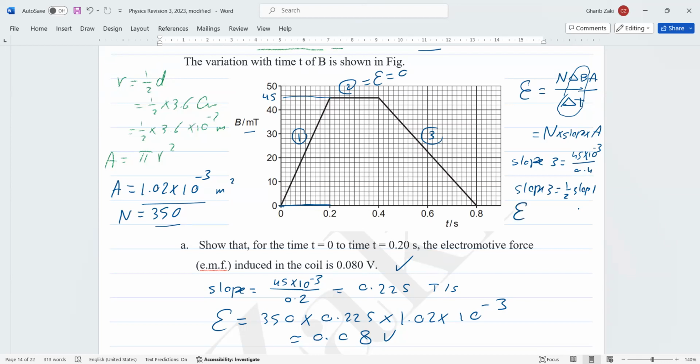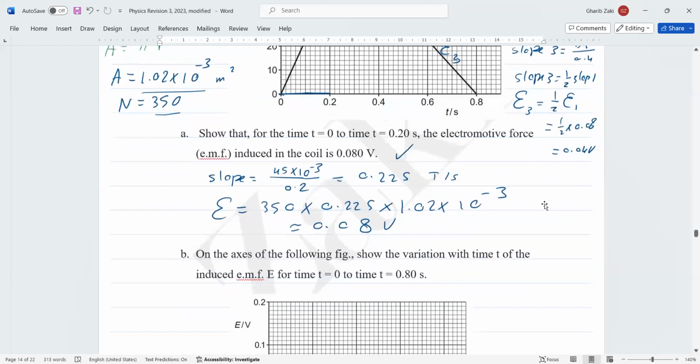So the EMF induced, we can say this is E3, this is E1, and this is E2. E3 has a value of half E1. E1 was 0.08, half multiplied by 0.08 is 0.04 volt.